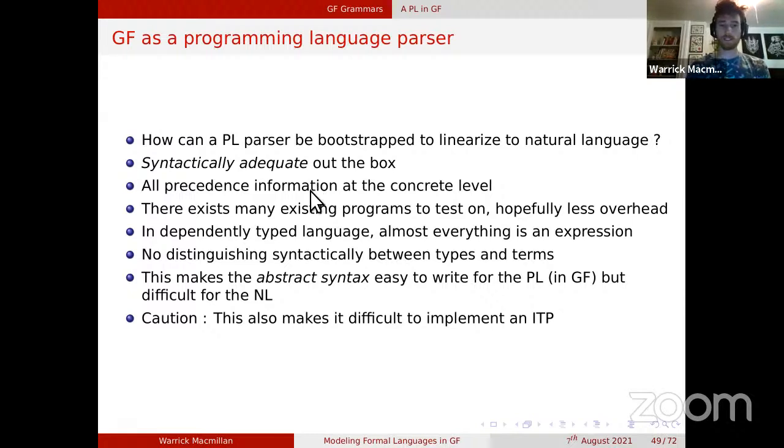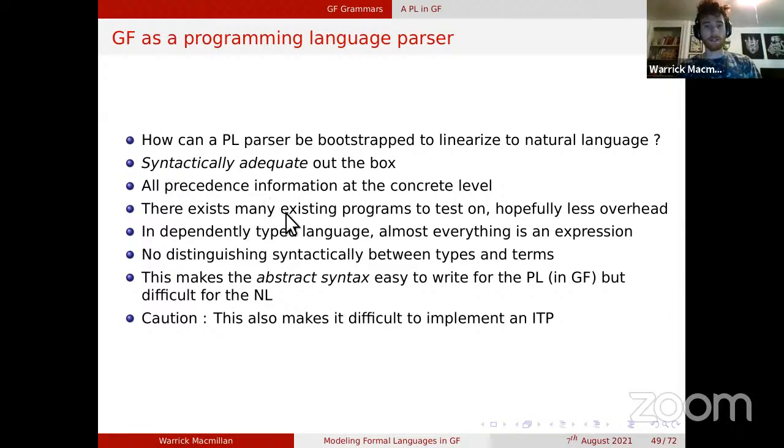All the precedence information, like the binding of multiplication and addition. So if you want to have a string without parentheses that maps to a tree that has the times at a higher precedence than the plus, then you do that with the concrete syntax in this case, because that's how you eliminate ambiguity.